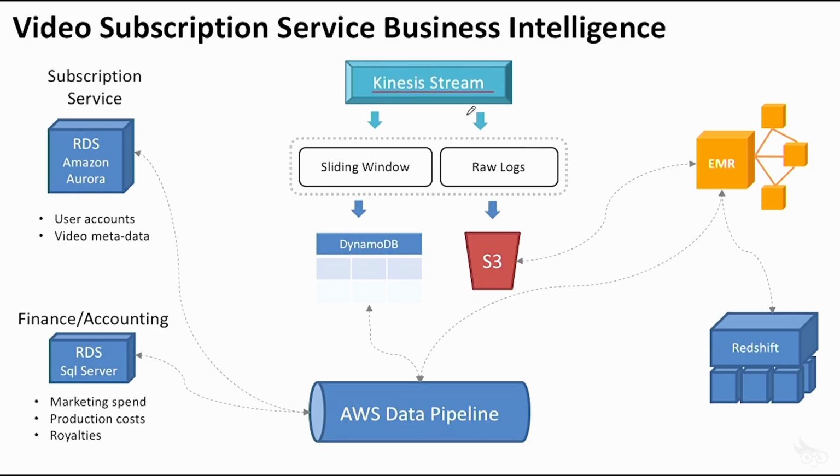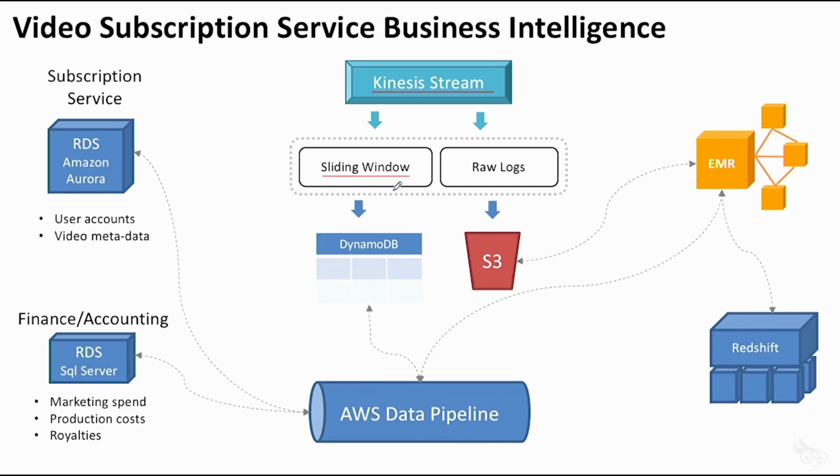And from that stream, we have a number of different applications that are doing things like sliding window analysis. How many videos are actively being played right now? What videos are being played right now? What categories are being watched right now? As new users actually sign up, we want to be able to see how many users became new users in the last minute or the last hour.